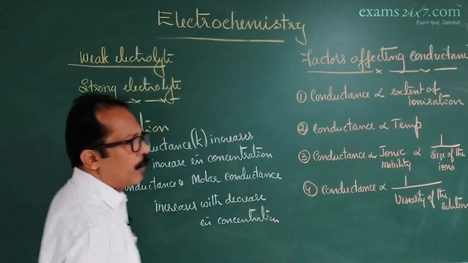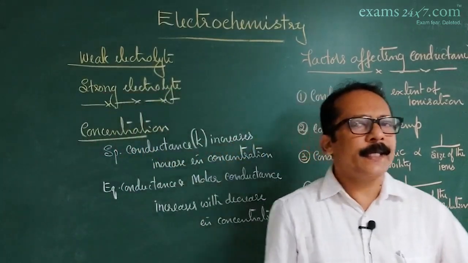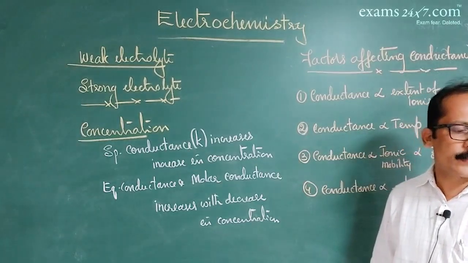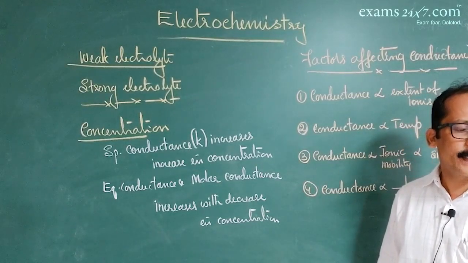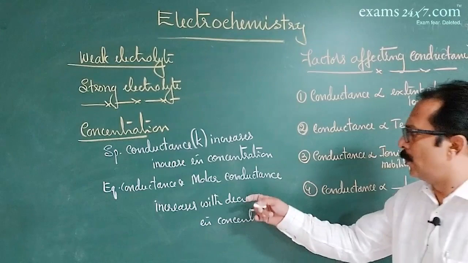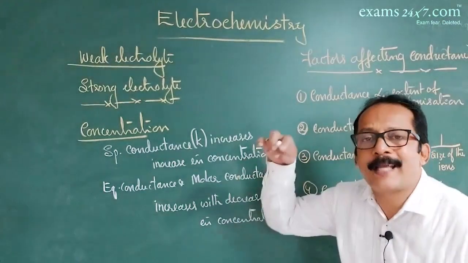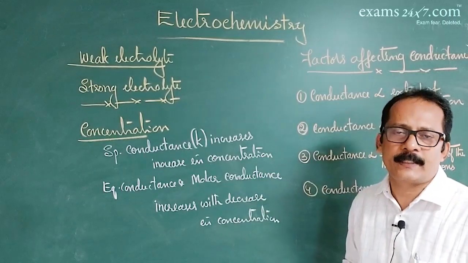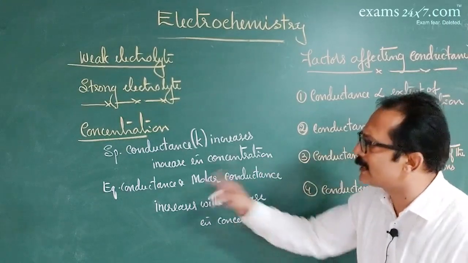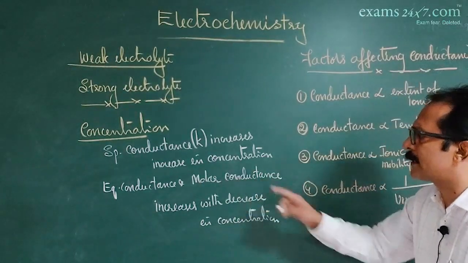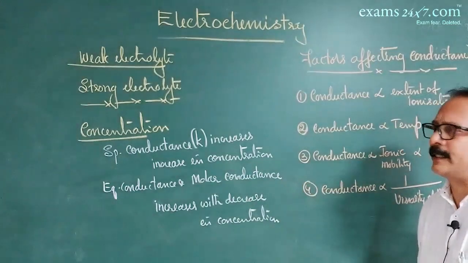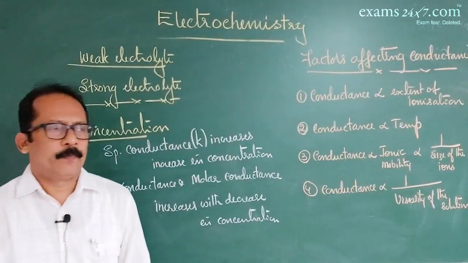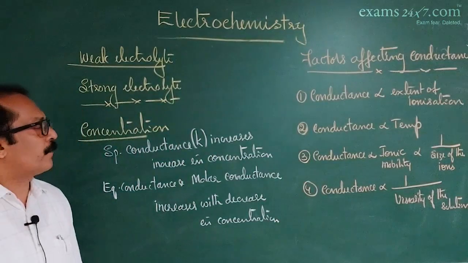So why do molar conductance and equivalent conductance increase with decrease in concentration? With dilution, the ionization increases. As a result, equivalent conductance and molar conductance increase. So this is about the effect of concentration on different types of conductance.